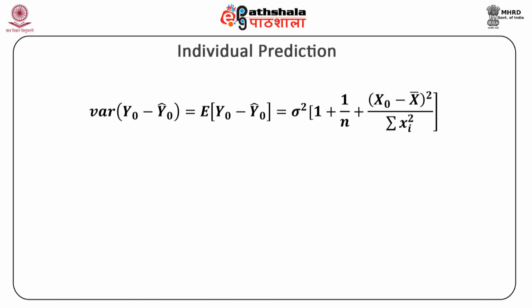Let me clarify, the X in the numerator is capital X, whereas the x in the denominator is small x, which is the deviation of X from the mean.